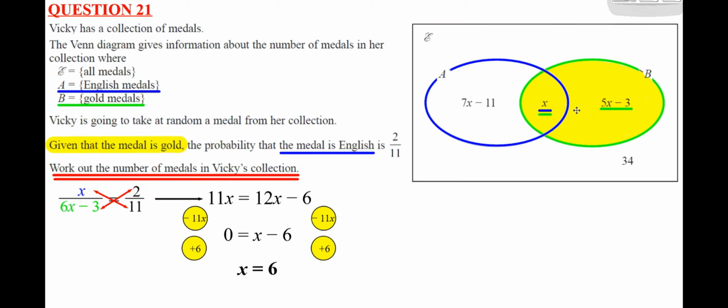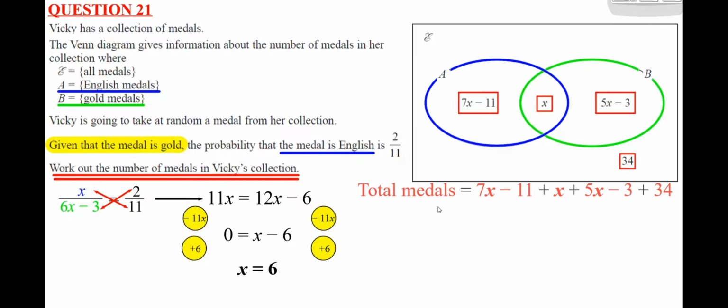So if I deselect the gold for a second, get rid of the yellow highlight, and put a red box around every expression which represents all of the medals in total, we can see, hopefully, we need to sum together these 4 different expressions, and that'll tell us the total number of medals.